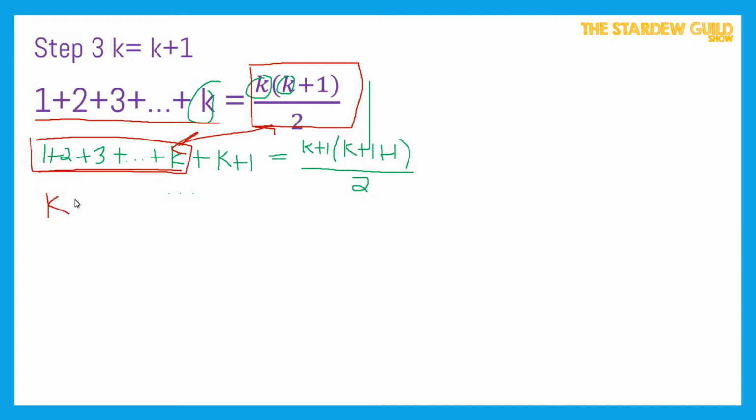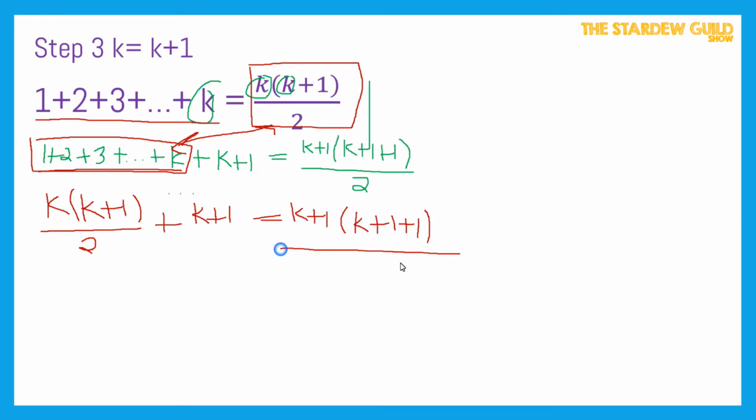So k multiplied by k plus 1 over 2 plus k plus 1 is equal to k plus 1 multiplied by k plus 1 over 2. Then after that, we will be simplifying this equation.